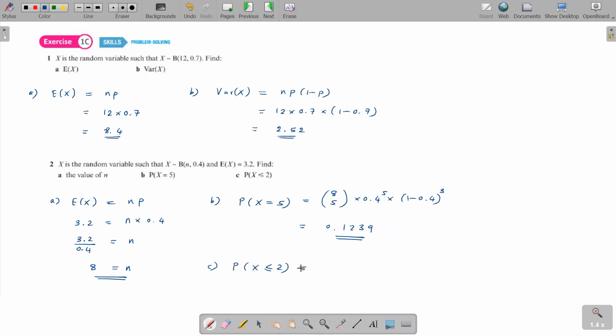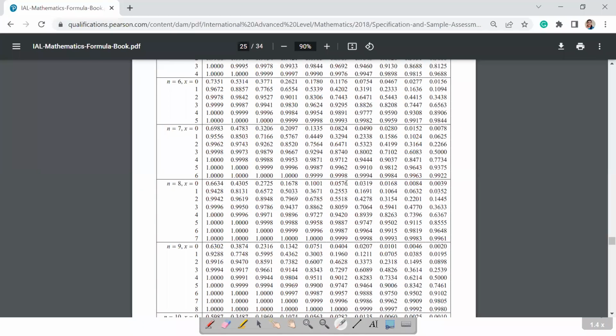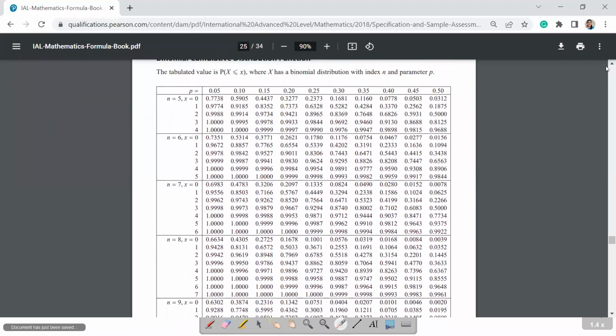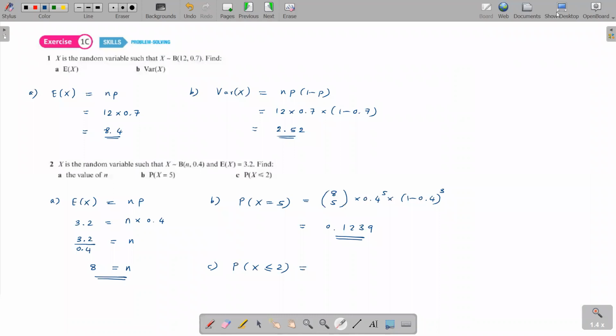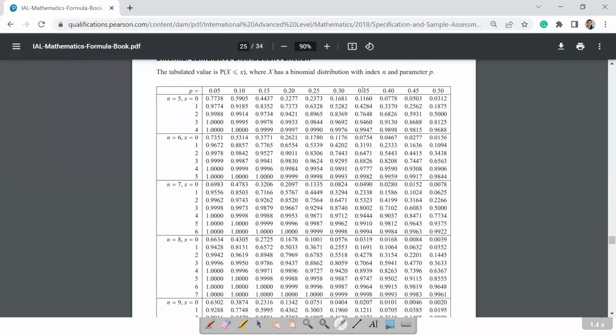This, of course, we can do from the cumulative distribution table. So go to the n value 8. We just found that n here is 8. So n is 8, probability of success 0.4, and the x value is 2. We get the answer 0.3154.